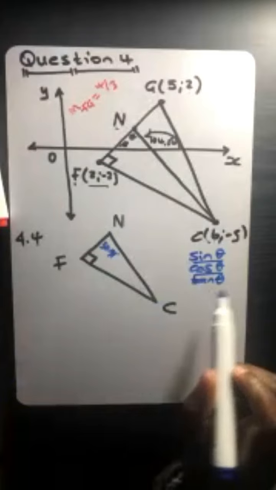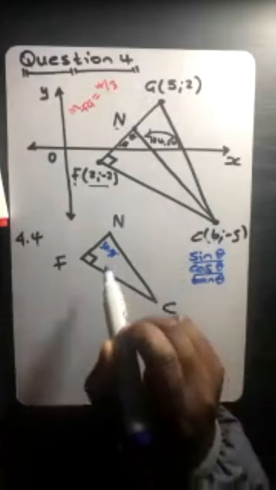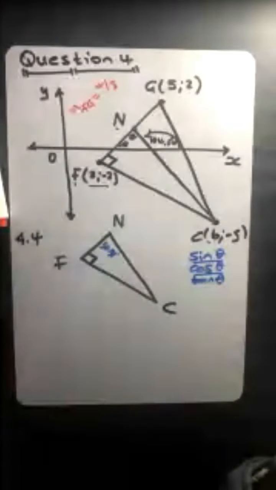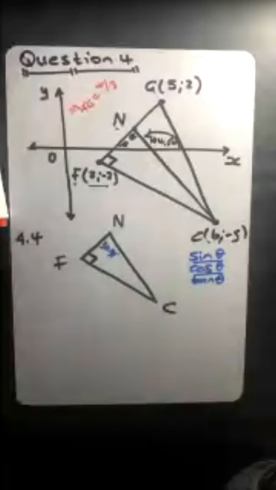So which trig ratio is suitable for this right angled triangle?